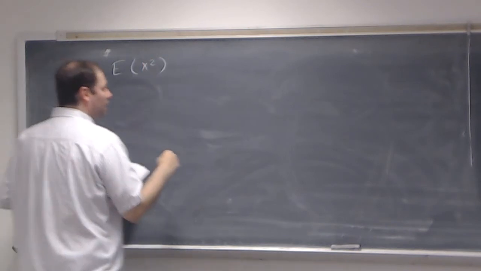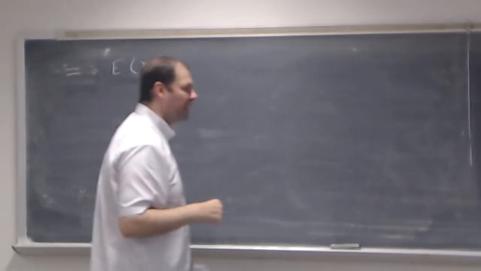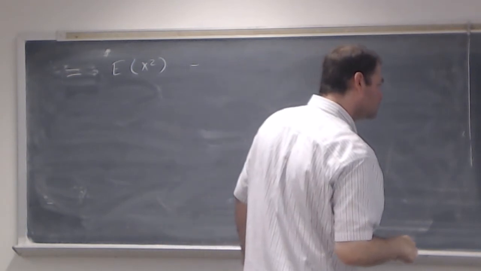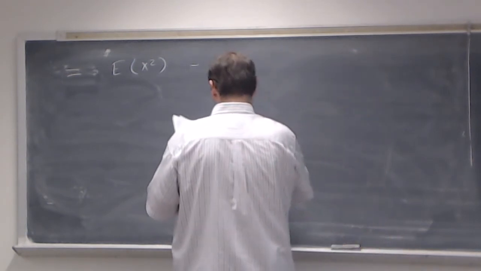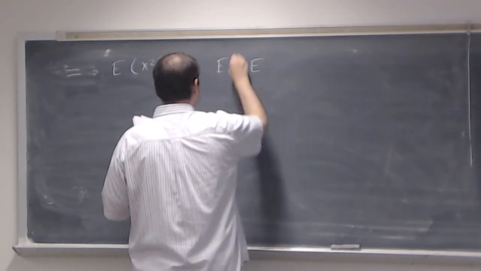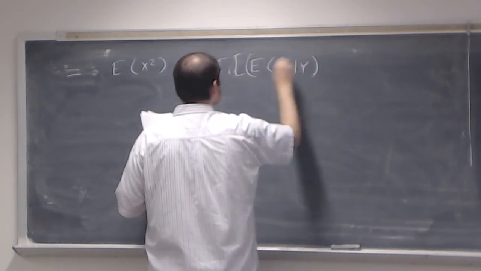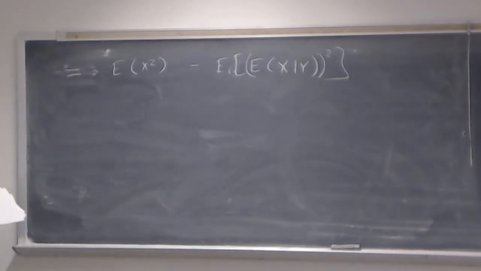And then similarly, this is minus the expected value of the expected value of x given y, quantity squared. It's not simple, so I'll just write it down.